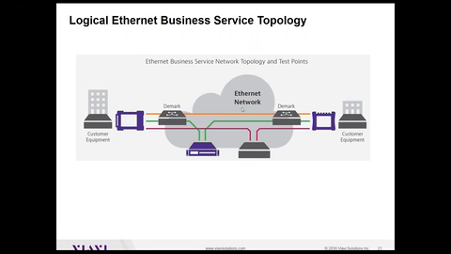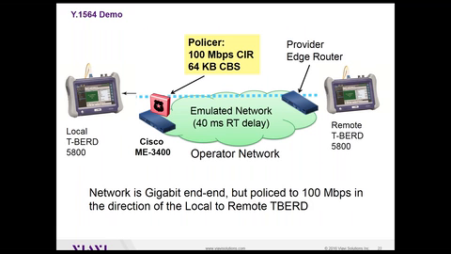You can also have devices inline. We're showing some of those, like probe-like devices. And these functions can also be virtualized. In other words, they could be software components either on the end equipment or like an end host, or it can be part of the network itself. And we have solutions for that as well.